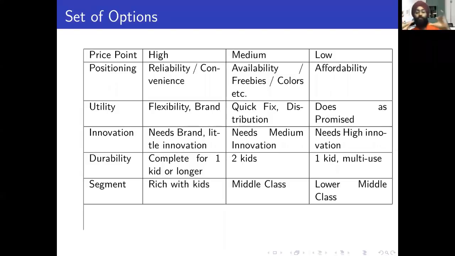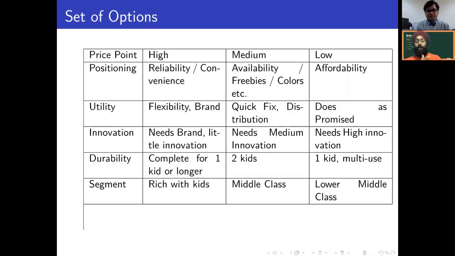I will give you a subscription to a baby magazine. I will give you maybe some baby clothes, maybe a baby voucher, whatever, right? You need to give some colors. If your product price is low, then you are playing on affordability. Your product is affordable to people who do not have all this money, right?